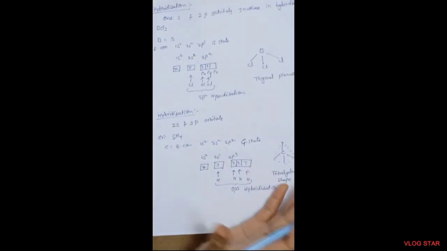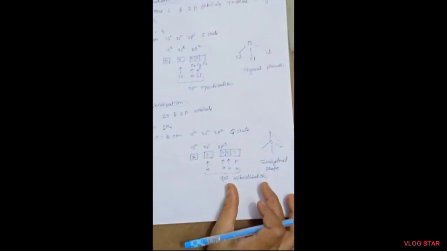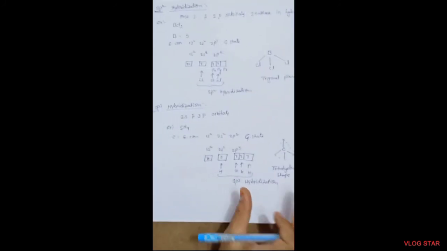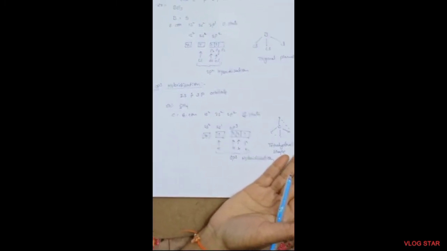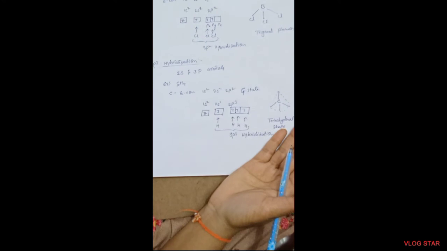What is the main purpose of hybridization? By hybridization we know the geometry of the complexes. If you know the geometry of the complexes, we are able to know the stability of the complexes.